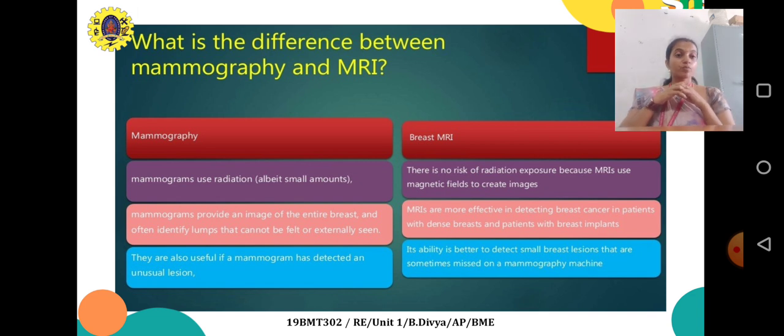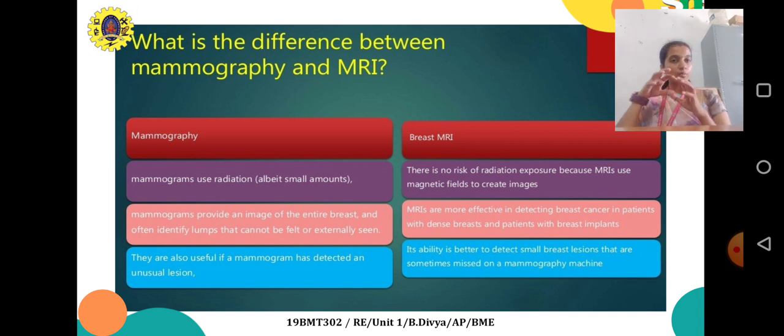As I told you already, MRI is the best one to identify tumors all over the body, and MRIs are more effective in identifying breast cancers also if the breast is dense and even if the breast is implanted. In these two cases, MRIs are very effective in identifying breast cancers.